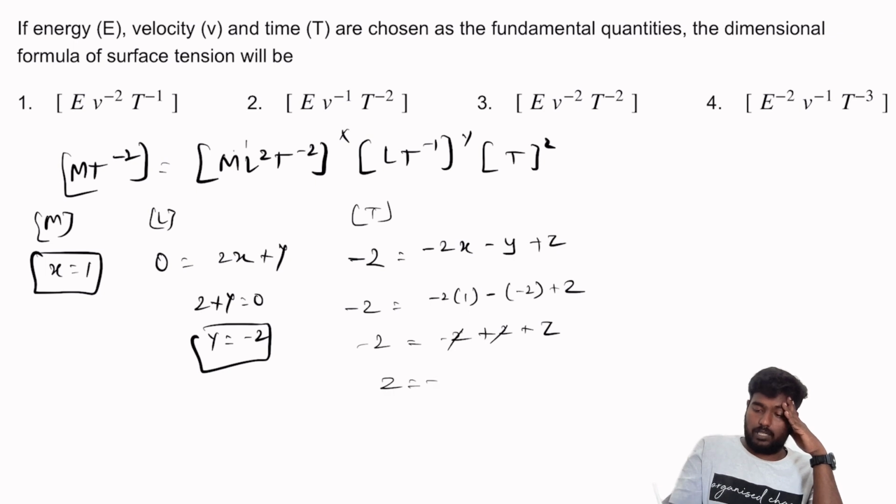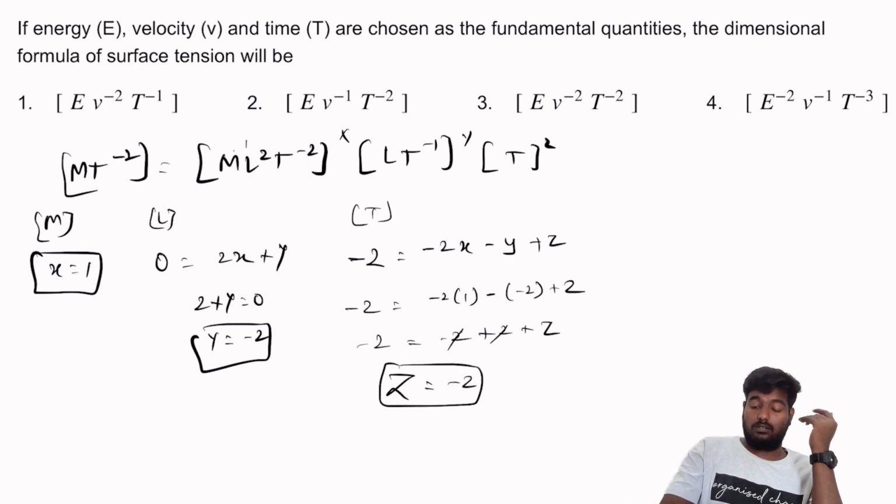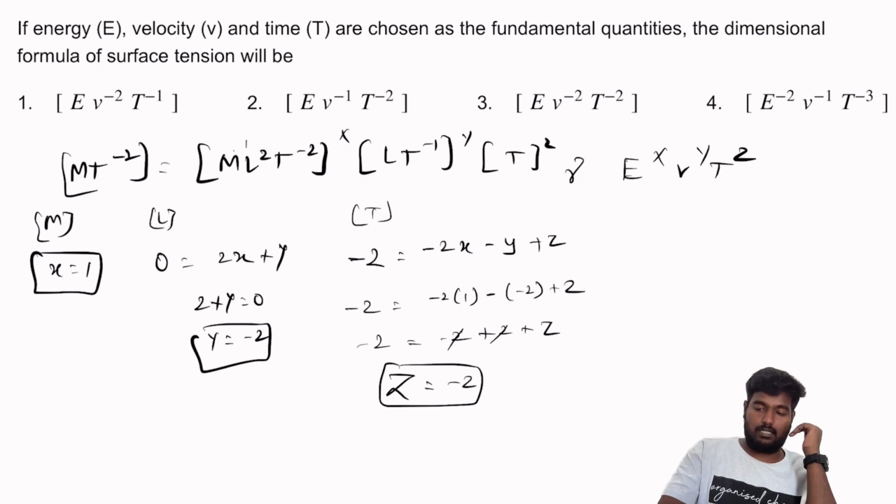So z is minus 2. So x is 1, y is minus 2, z is minus 2. So energy power x, velocity power y, time power z. So this is the dimension of surface tension.